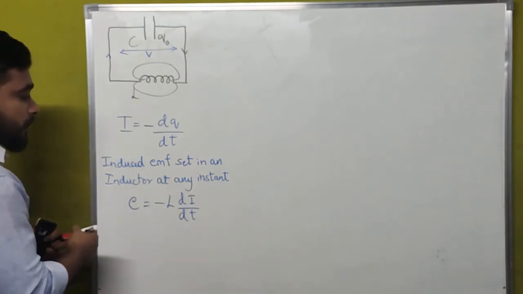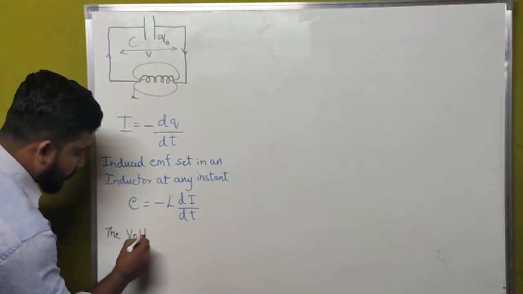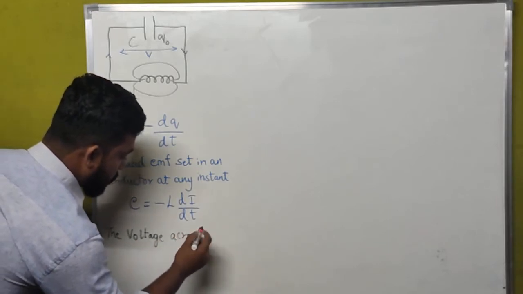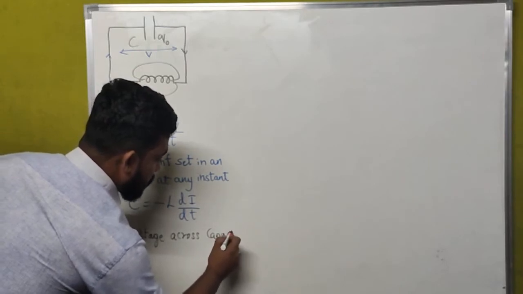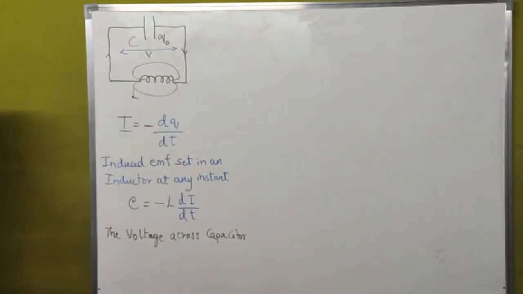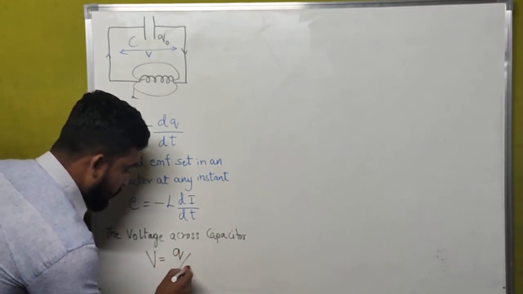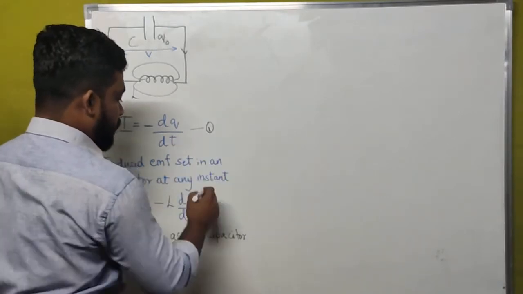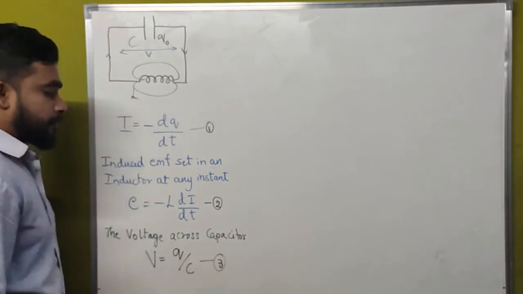The expression for voltage across a capacitor is V equals Q divided by C. Let us assume this as equation 1, this as equation 2 and this as equation 3.